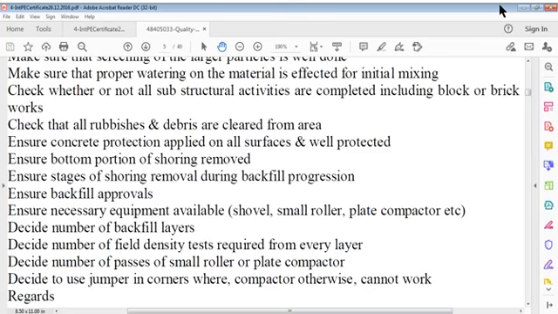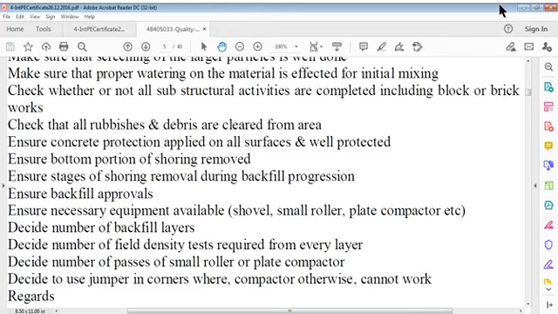Then field density test required, and passes of small roller or plate compactor, meaning how many number of passes you do, so that rebound is known. No use if rebound is happening and you just keep on passing the roller. There's no meaning of that.